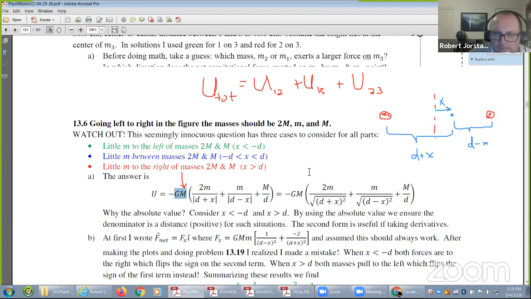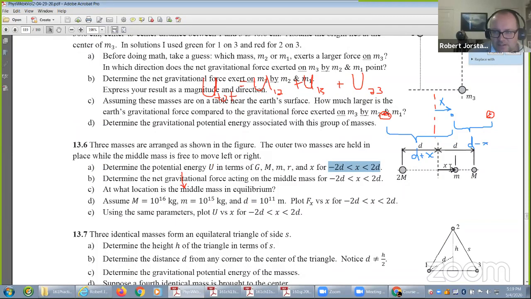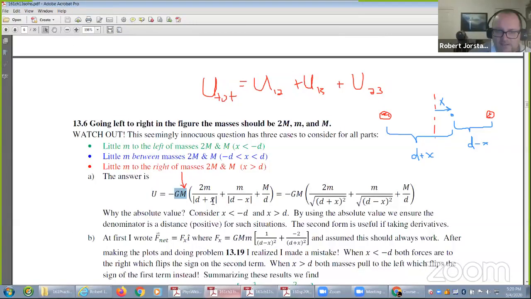Does it say what x is? Do you agree that according to this picture, x could be positive or negative? So let's go back to the solutions here. x could be positive or negative, and that's why we might need to do these absolute values.